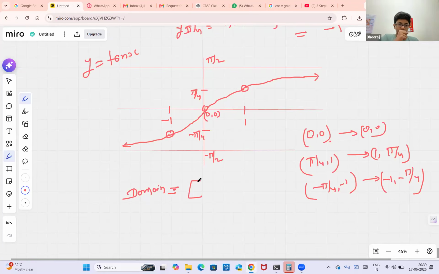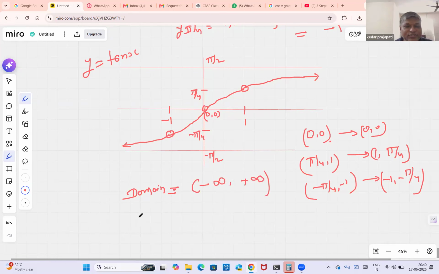And we cannot reach infinity, so we'll not write a close bracket. You have to write an open bracket. Infinity is not included. You will never reach infinity. So it is minus infinity to plus infinity.